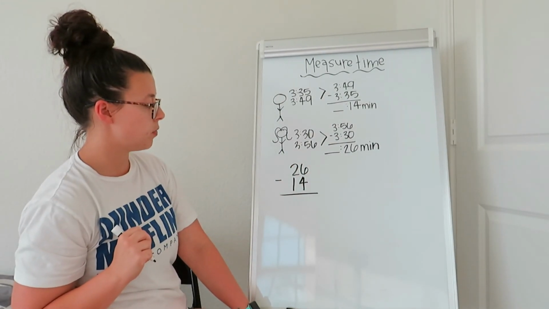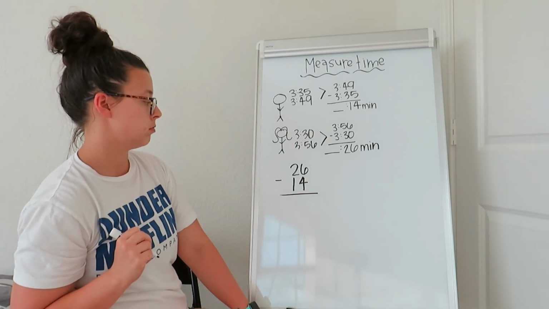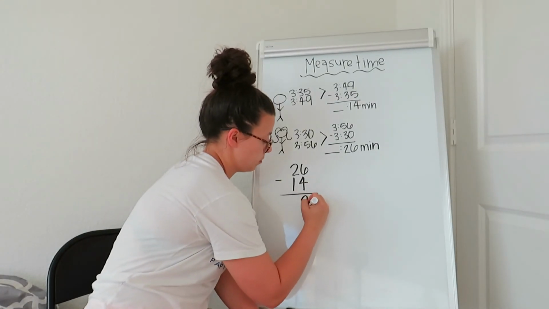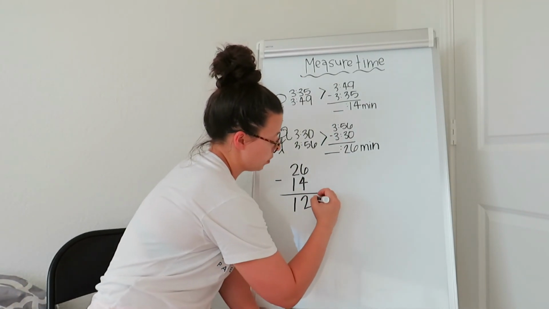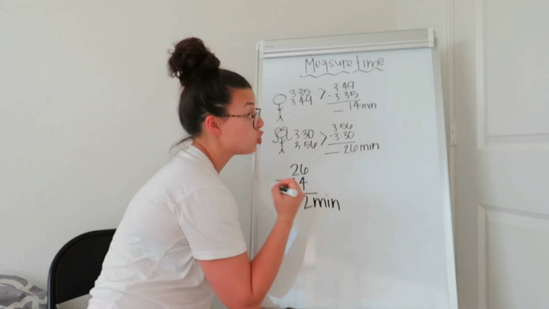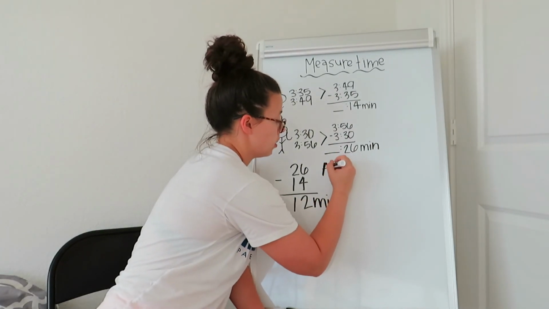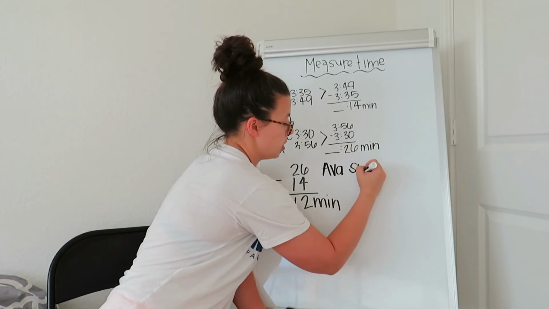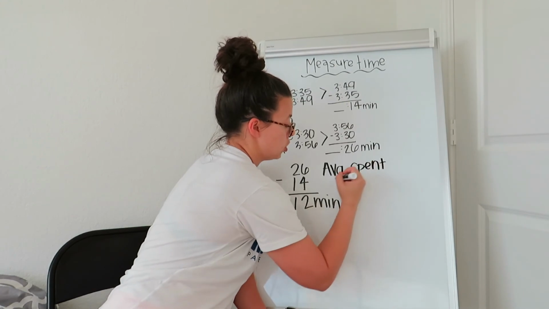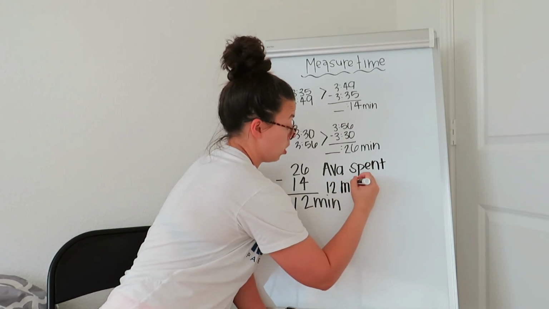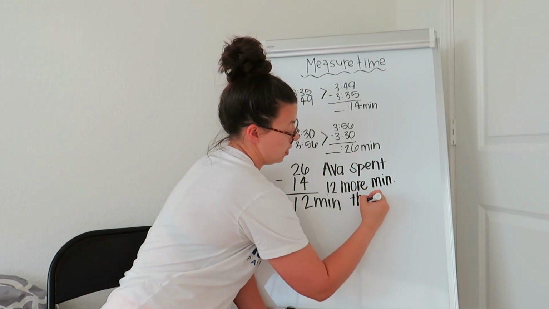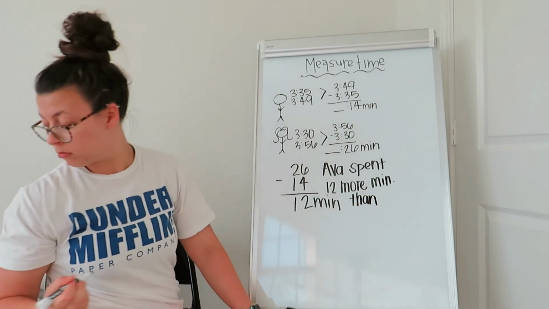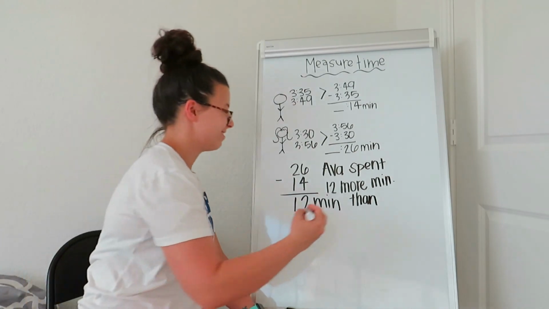Okay, what's 6 minus 4? 2. And 2 minus 1? 1. So we have 12 minutes. So Ava spent 12 more minutes than Aiden.